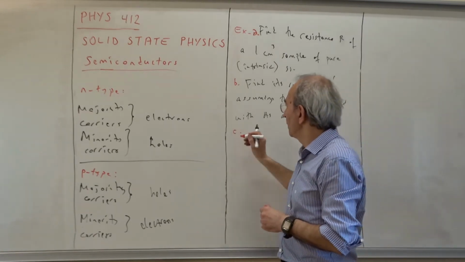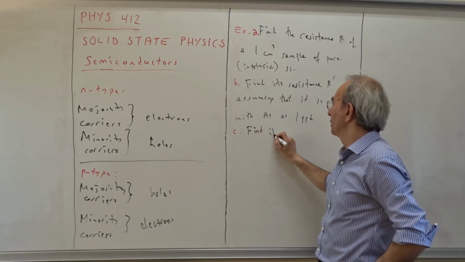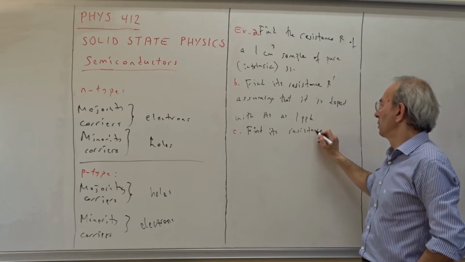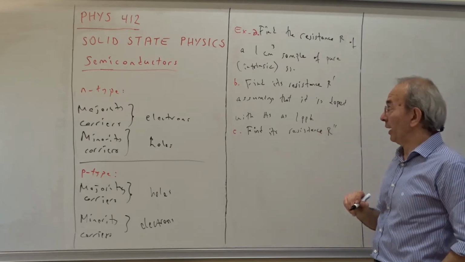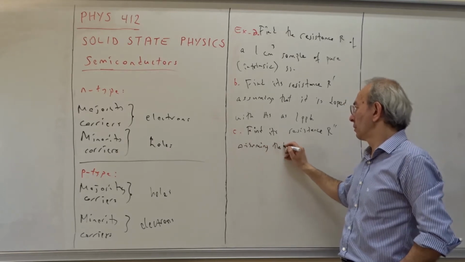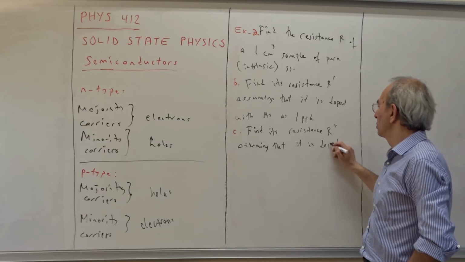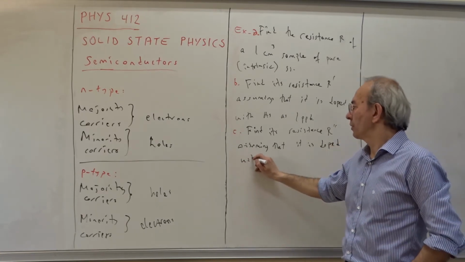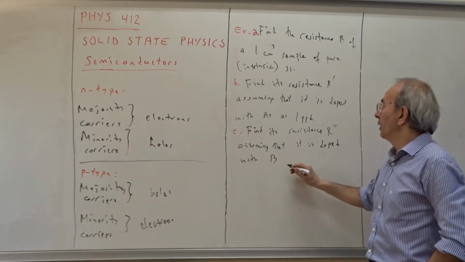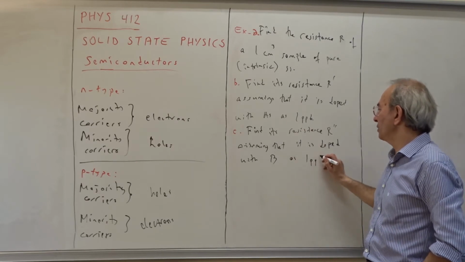And C, find its resistance R double prime, assuming that it is doped with, let's say, boron, group 3, again with a ratio of 1 part per billion.